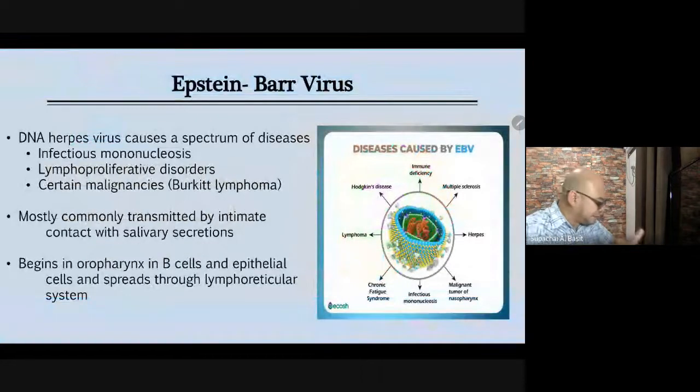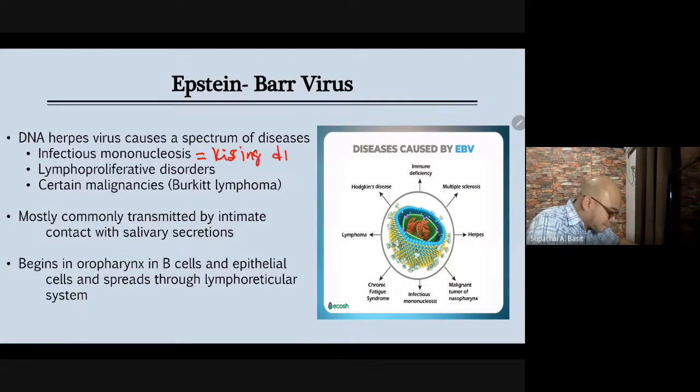Okay, so let's start first with Epstein-Barr virus. Do you know that Dr. Epstein and Yvonne Barr both discovered the Epstein-Barr virus? This particular DNA herpes virus causes a spectrum of diseases. They can cause infectious mononucleosis, sometimes known as the kissing disease.